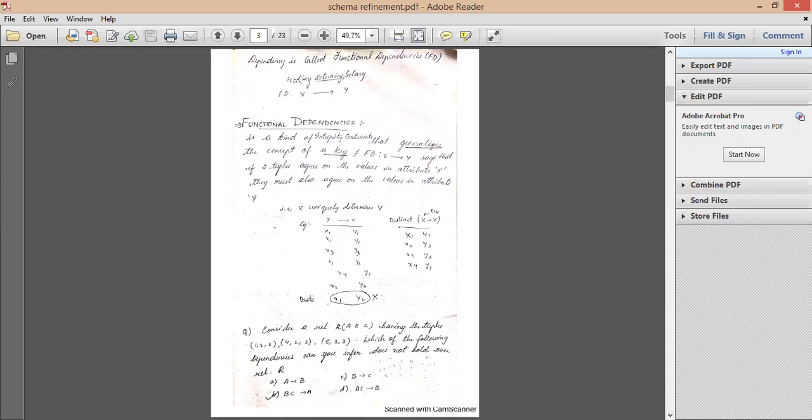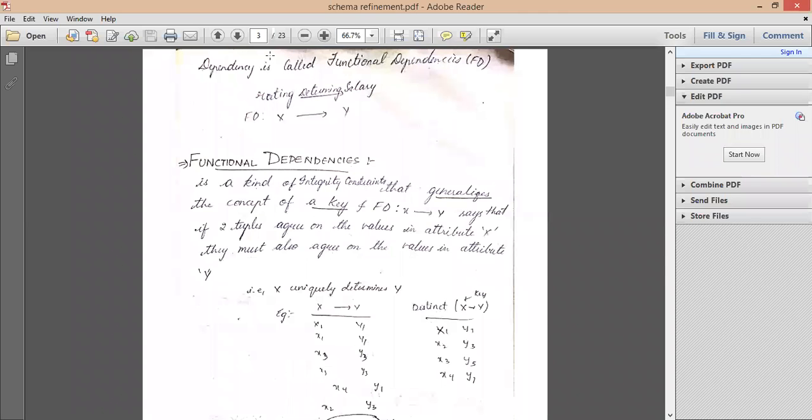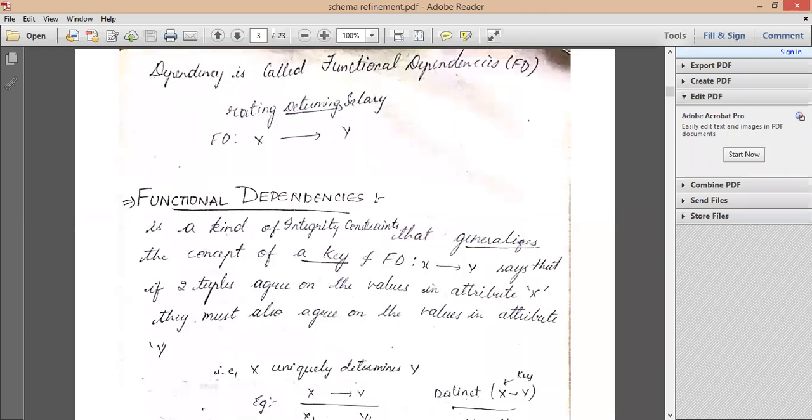If the rating is 2, then it is 60,000. That is fixed. So rating determines salary, that is, salary is dependent on the rating column. Then what is functional dependency?